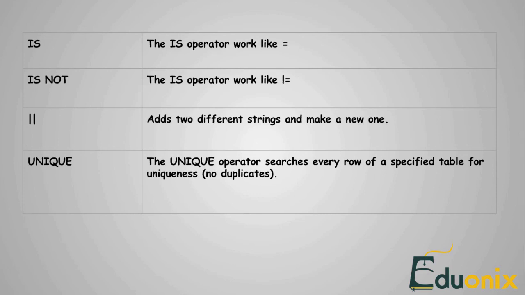It works as good as the equal to. Then the IS NOT operator, which is equivalent to not equal to. Then there is the double pipe operator, which is used to concatenate two different strings and make a new one. And last is the UNIQUE operator, which searches every row of a specified table for uniqueness.